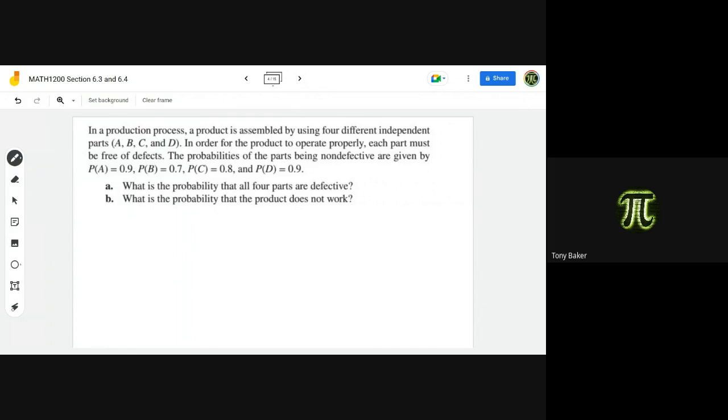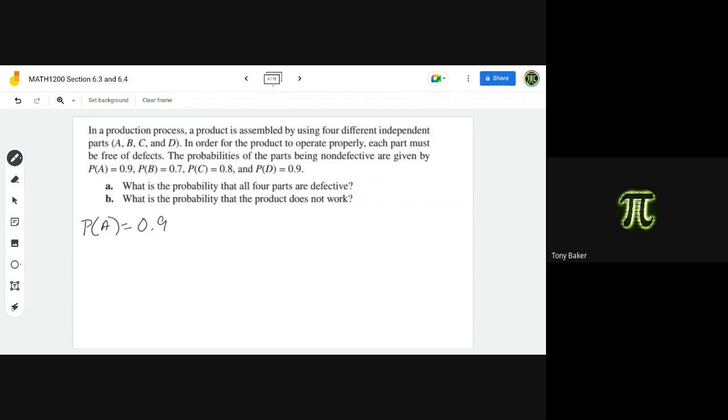So what they want to know in the first question is, what's the probability that all 4 parts are defective? They gave us the probability that they are non-defective. So part A is good 0.9 of the time, not percent.